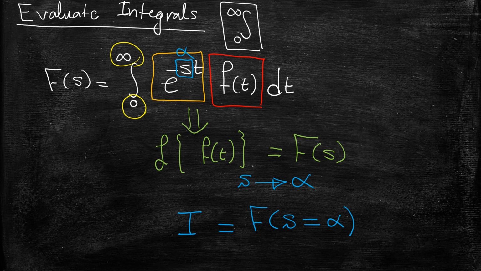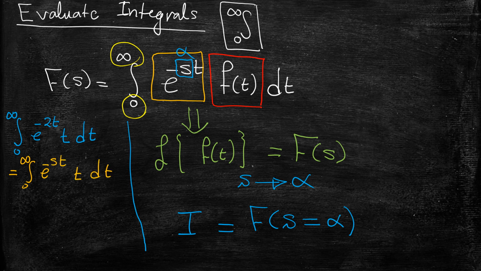A quick thing, let's assume we need to get the integral of something very special. Like if I need to get the integral from 0 to infinity of e to the power minus 2t times t dt. It's an integration, yes, but it's very close to the properties we already know from the definition of the Laplace transform. This is from 0 to infinity e to the power minus st times t dt, but s here is equal to 2.